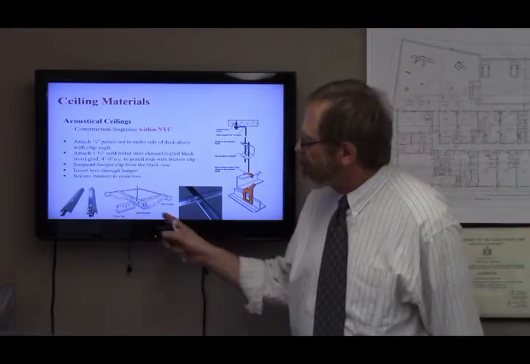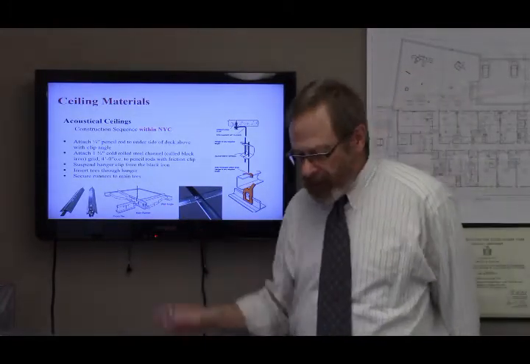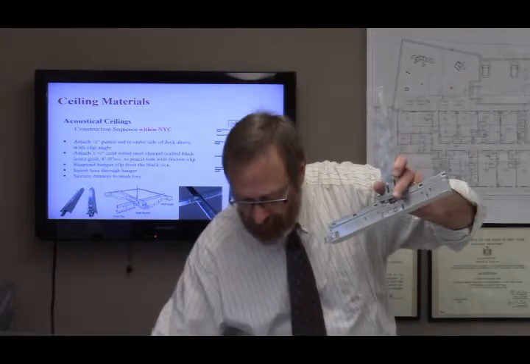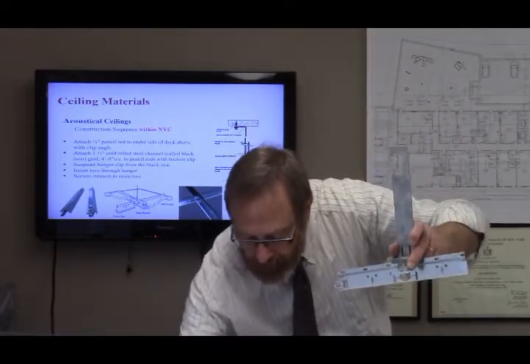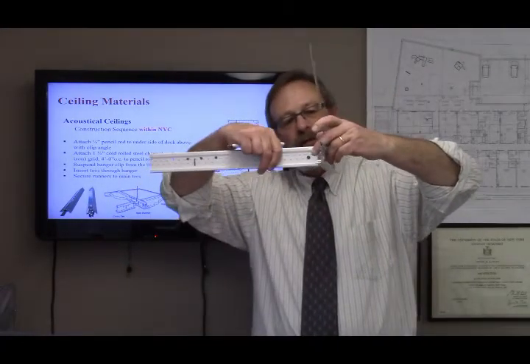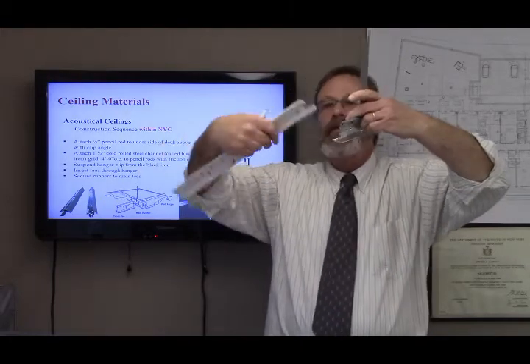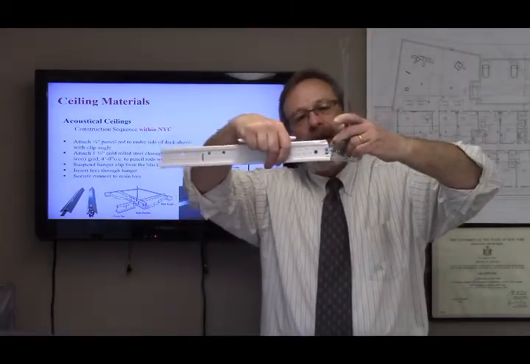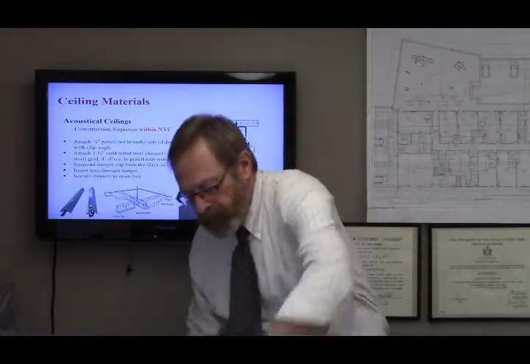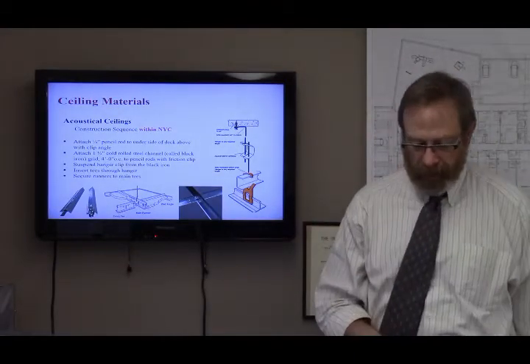We have the main runner, usually 12 foot long, and into that main runner we have small cross T's that clip in and hang on the same plane, and those are what form around the ends of the 2x2 or 2x4 tiles.